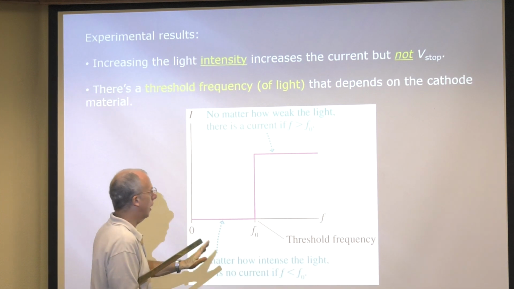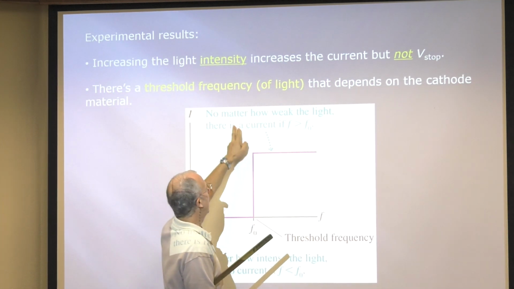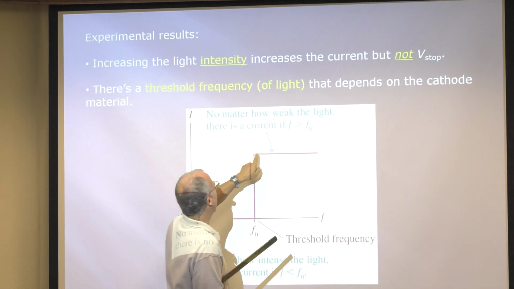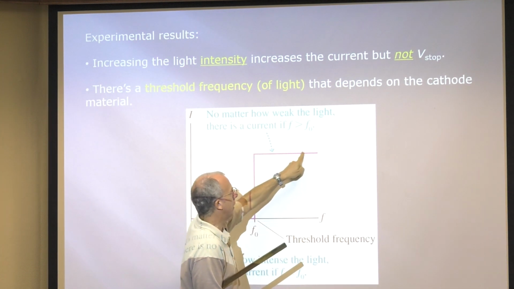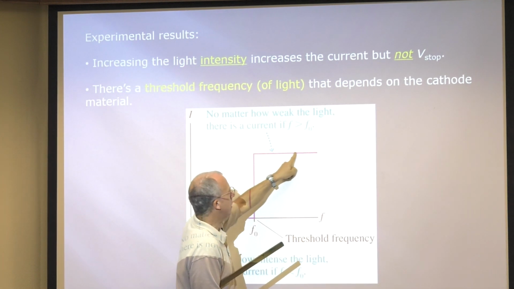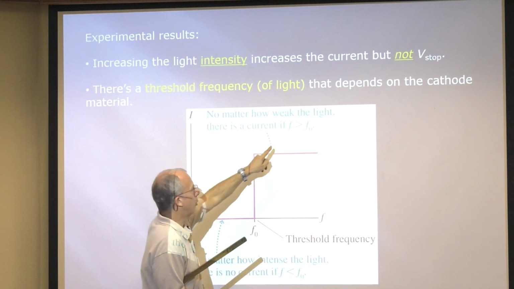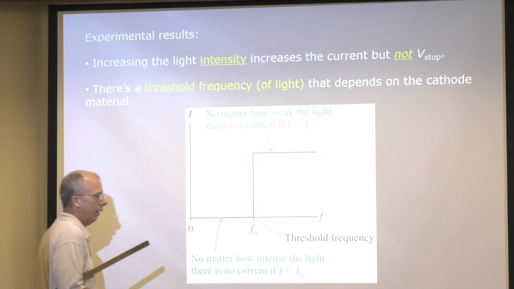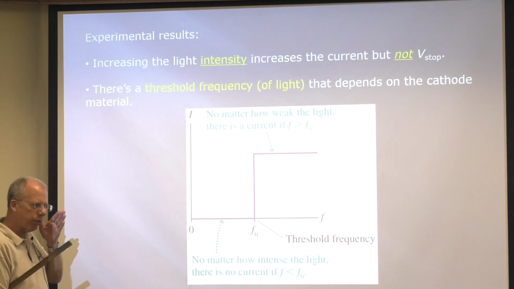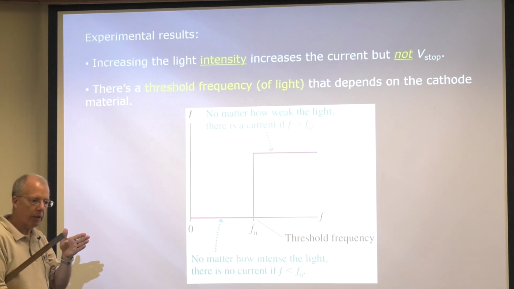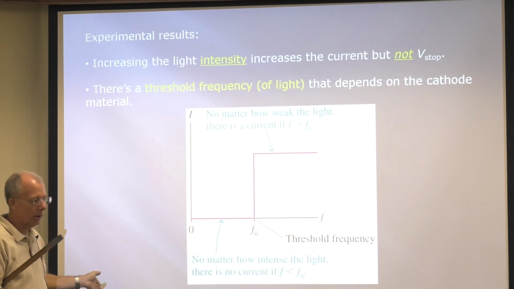On the other hand, no matter how weak the light, there's going to be electrons emitted if the frequency of this light is greater than the threshold, right? So everything depends on the frequency of the light. If the frequency of the light is less than the threshold, no electrons are emitted.